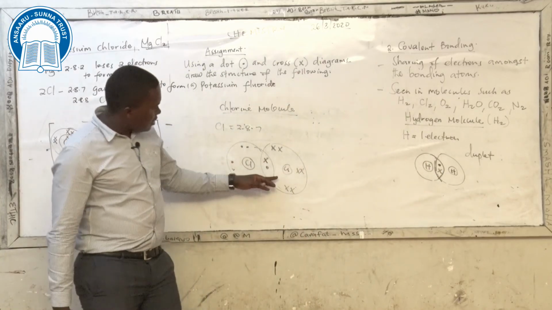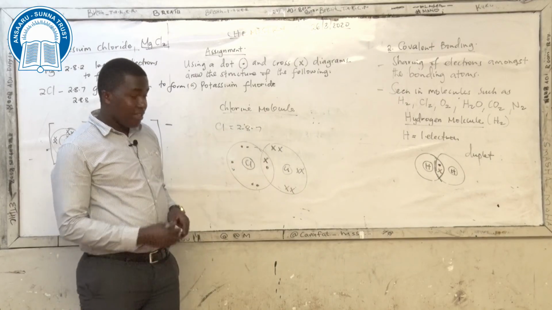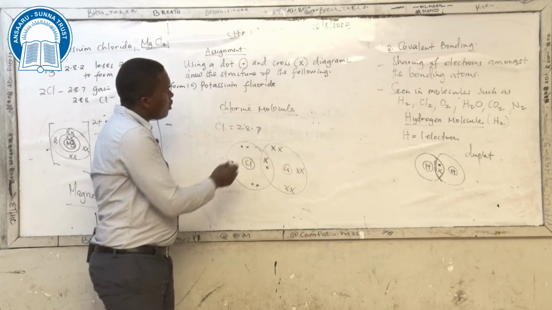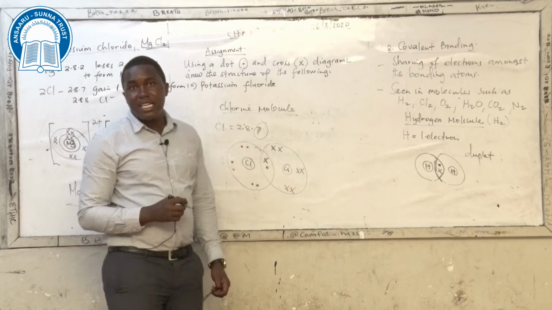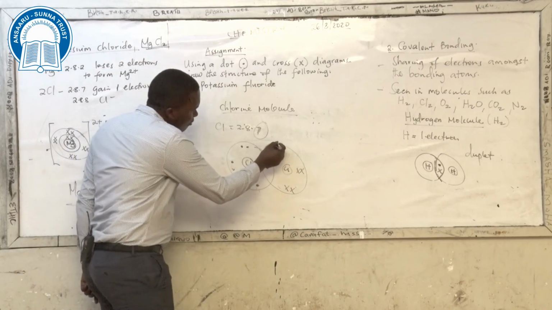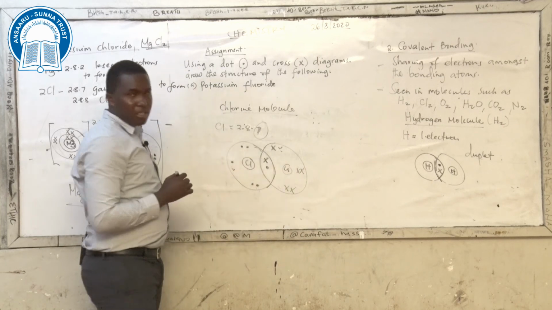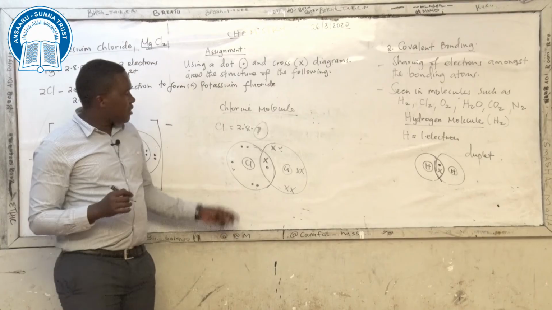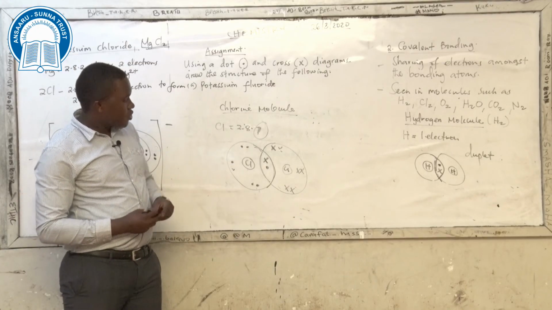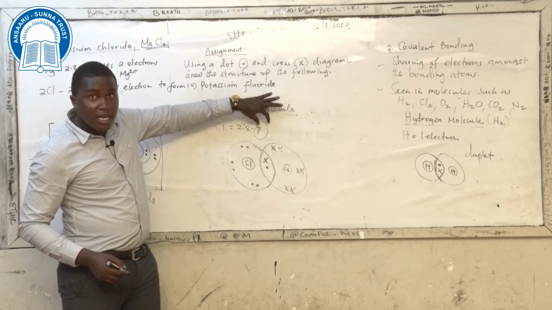This is also seen in the chlorine molecule, whereby we know chlorine has got 2, 8, 7. But I've said that for covalent bonding, we only focus on the outermost electrons. We don't check on the other electrons. Why? Because in the outermost energy level is where the overlap takes place, not the inner energy levels. And it is also important just to represent the outermost electrons only. So for chlorine, we will focus on the last 7.